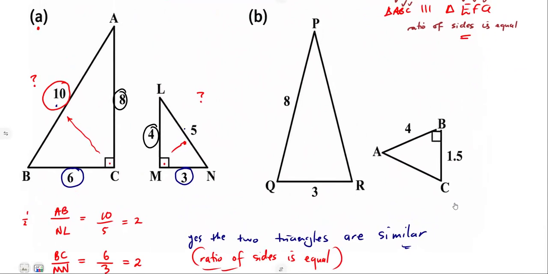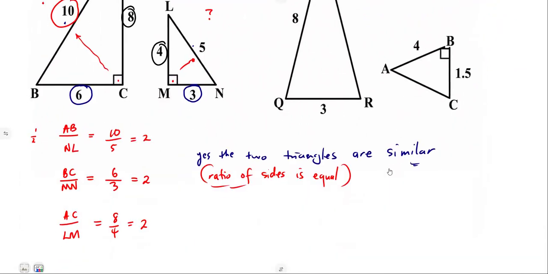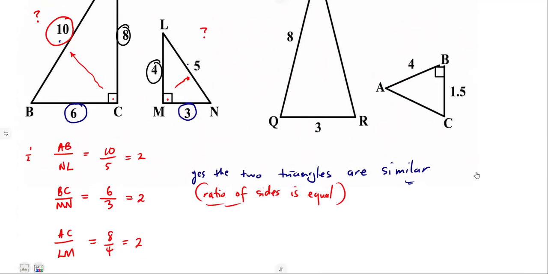Consider that. Even if you are working with two sides, it follows that the third one follows the same concept. Once you have two corresponding sides, the third one also corresponds to the same ratio.